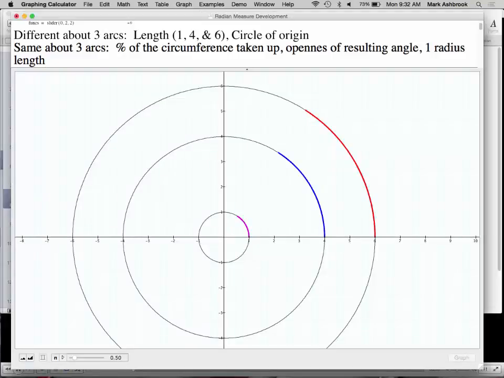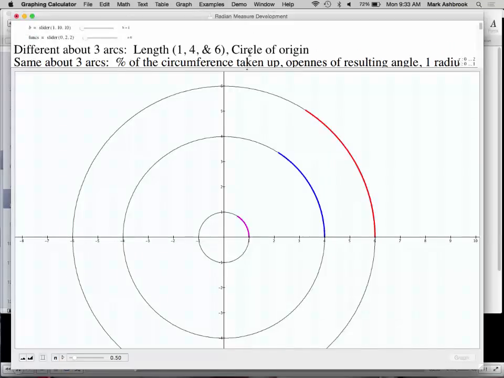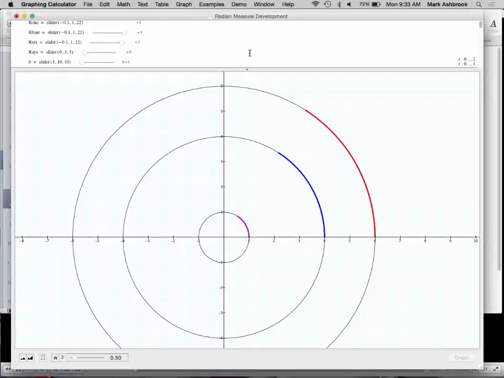Okay, so they're all different lengths in terms of the axis, measuring the units using the axis, but if you measure them as a measure of radius, they're all one radius length. And what we're noticing here is that if we wrap each radius length on its own circle, it takes up the same percentage of the circumference. Okay, so let's see if I remember how to do this here.